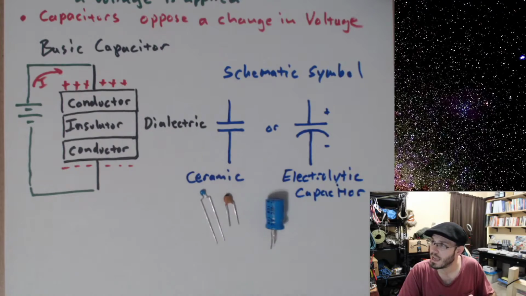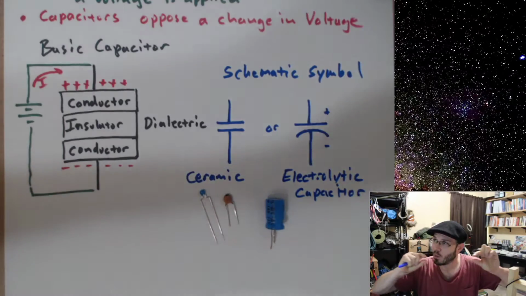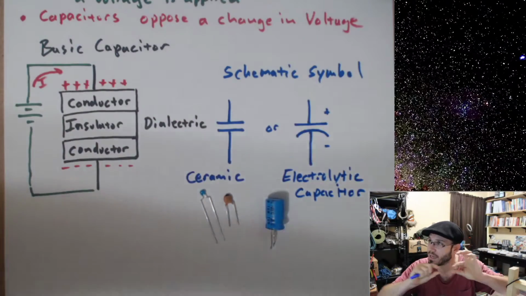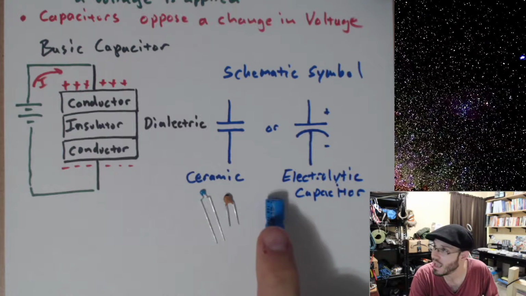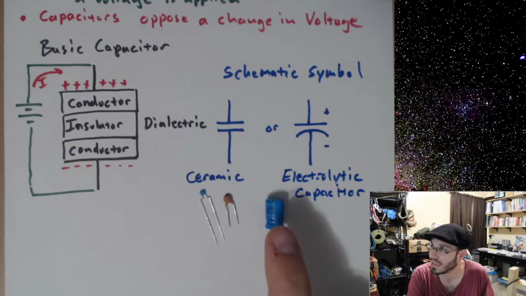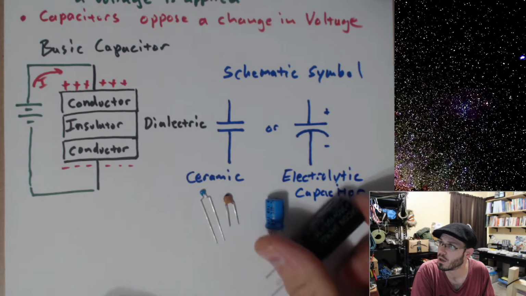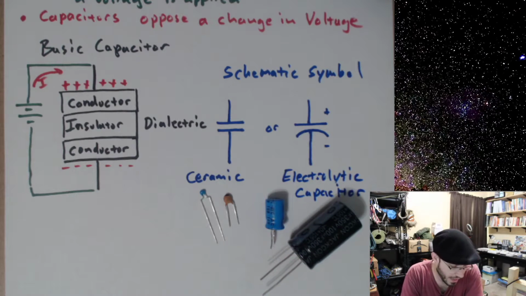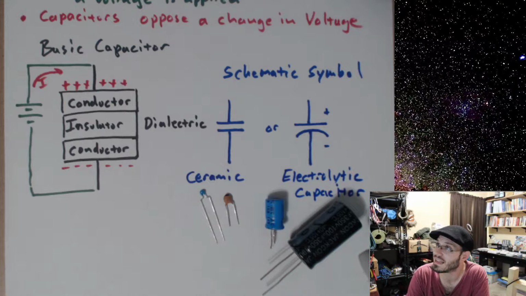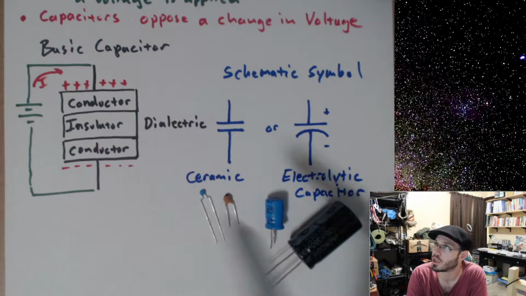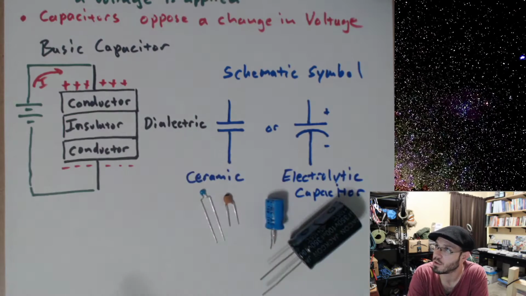What they actually do is they take two foil strips, they separate them with a dielectric, think of a piece of paper, and then they roll it up into a tin can, and we have an electrolytic capacitor. Here's another electrolytic capacitor, quite a bit larger. You can tell that the larger one should be able to hold more energy inside. We just have larger conductors that allow more charge to develop on these two plates.